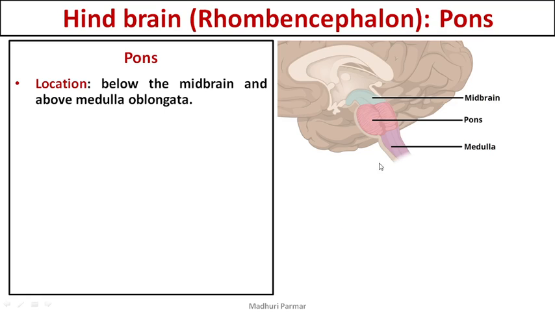Now moving on to the hindbrain, which is also known as rhombocephalon. Hindbrain is divided into, again, three parts. We shall start with the first one, which is called pons. If you can see, here are your cerebral hemispheres. This is your corpus callosum. By the way, corpus callosum is a feature of mammals only.